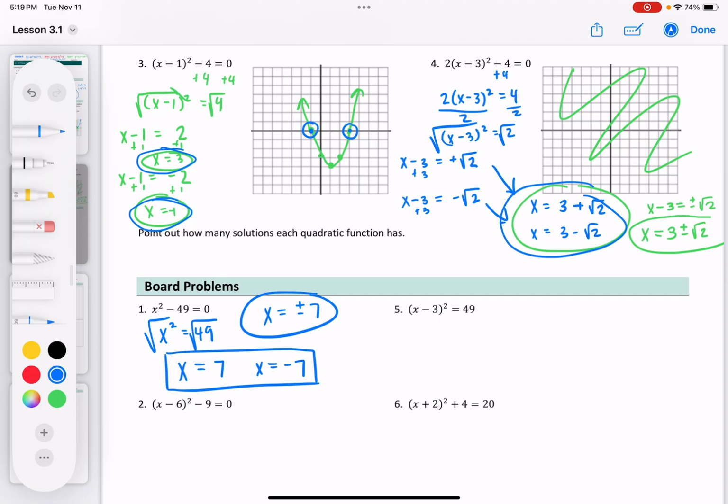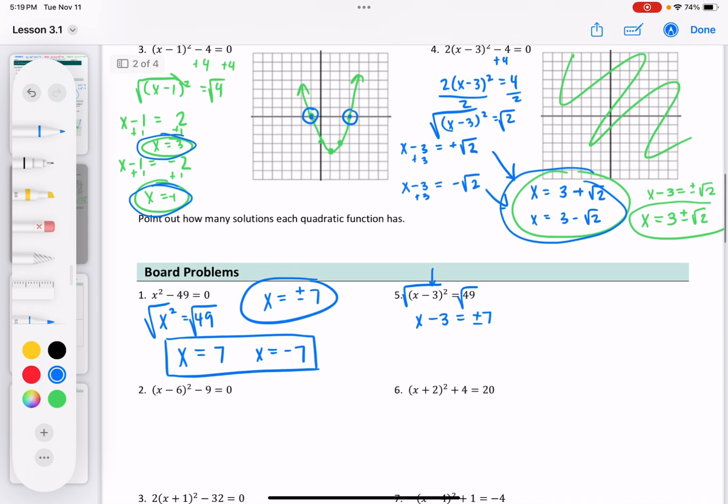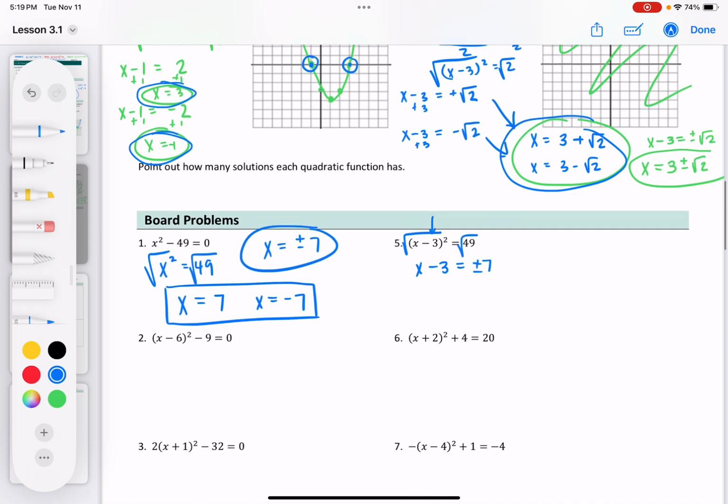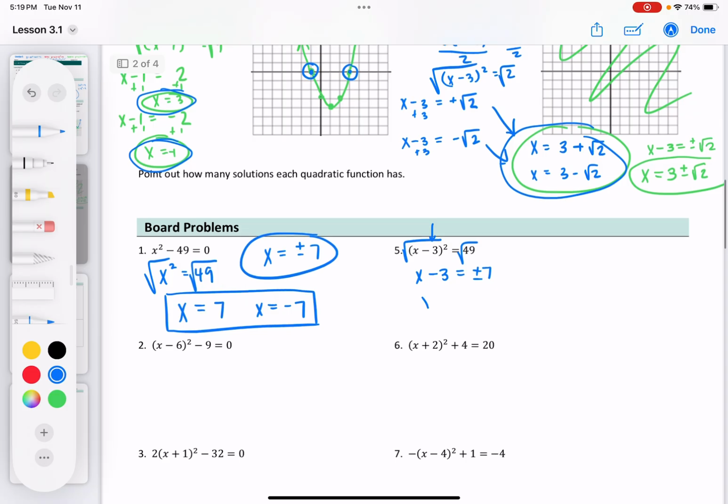Okay, this next one. So before we can get the 3 out of there, we have to square root both sides. So we get x minus 3 equals positive 7 or a negative 7. Okay, so it's acceptable to write your answer like that, but when you actually add that 3 over, we have 3 plus or minus 7.